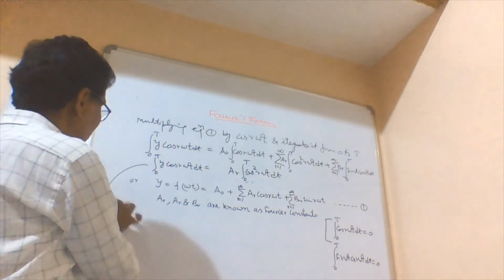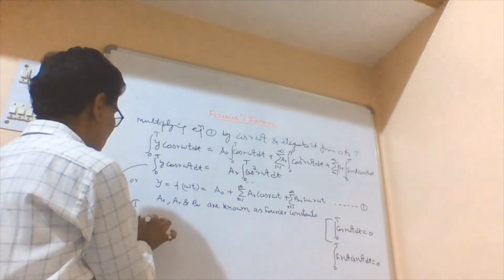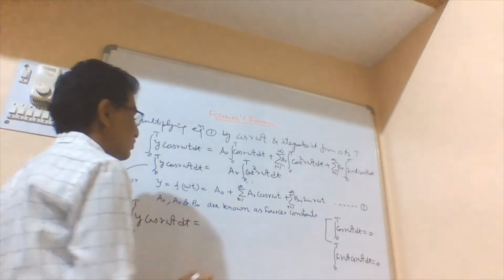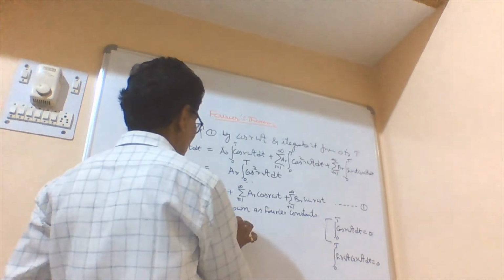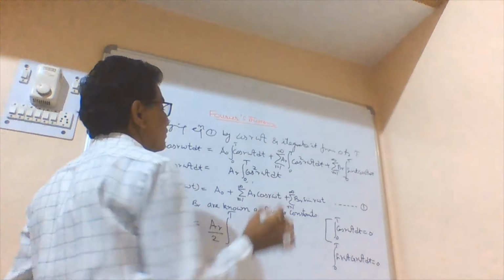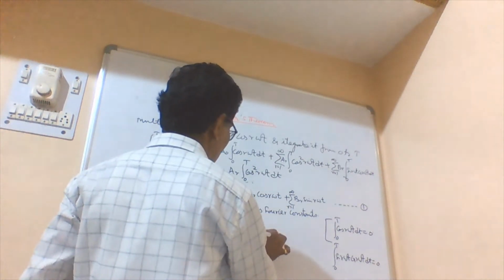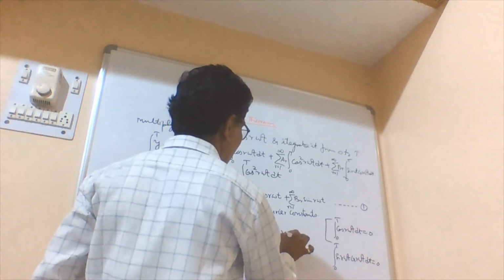So now we have integral 0 to T of y cos rωt dt is equal to ar times 2 multiplied and divided, integral 0 to T of twice cos square rωt, that is 1 plus cos 2θ, that is cos 2rωt dt.